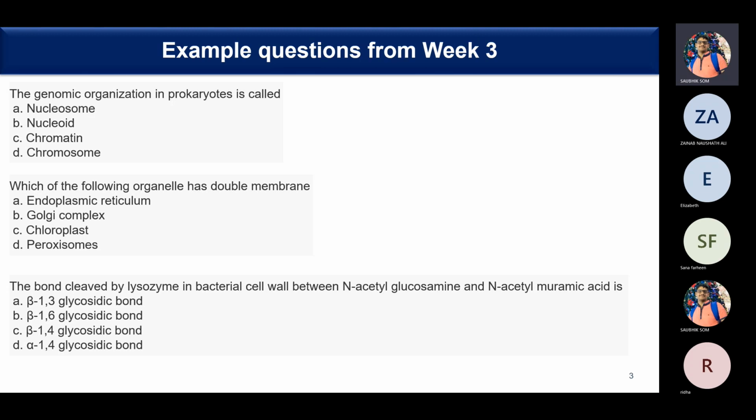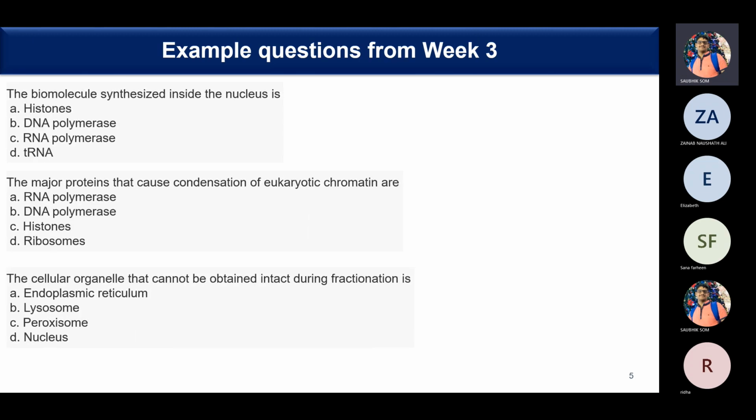Which one will be the double membrane complex: ER, Golgi, chloroplast, or peroxisomes? Anyway, so let's see. So what is the ER?